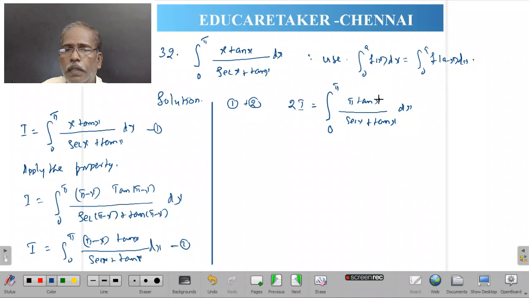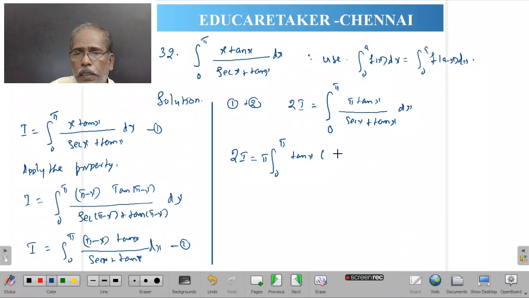So 2I is equal to the integral from 0 to pi; take pi outside, tan x into secant x minus tan x, and the denominator is secant x plus tan x into secant x minus tan x.